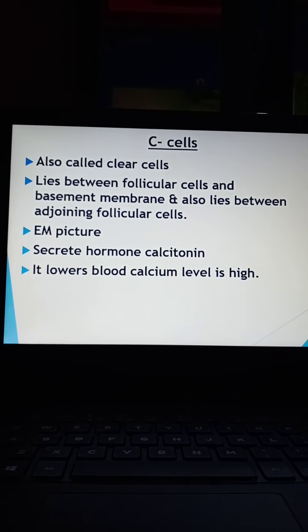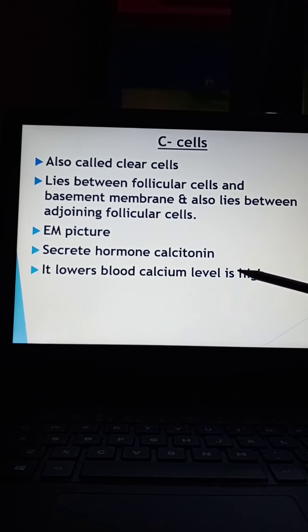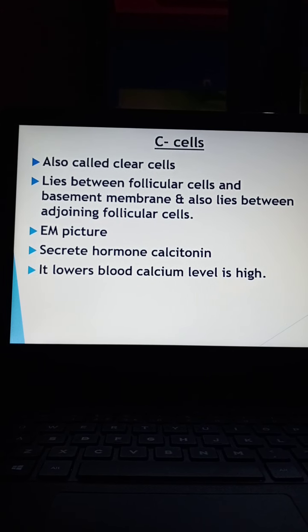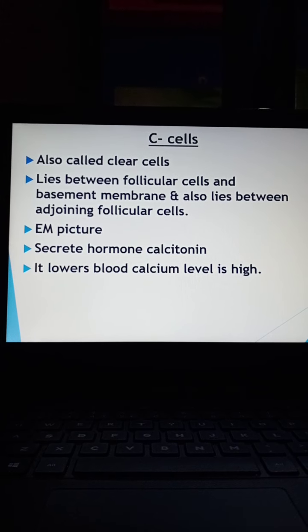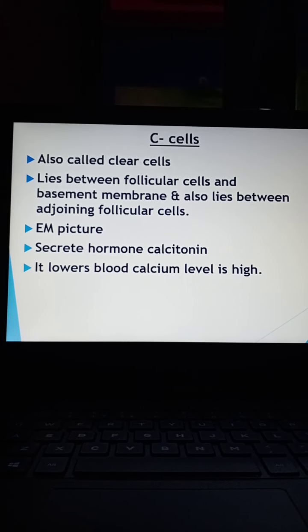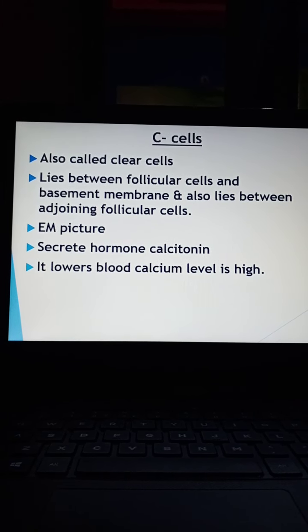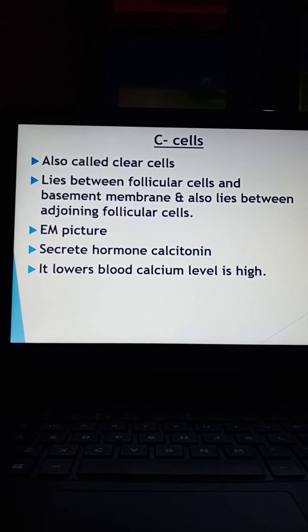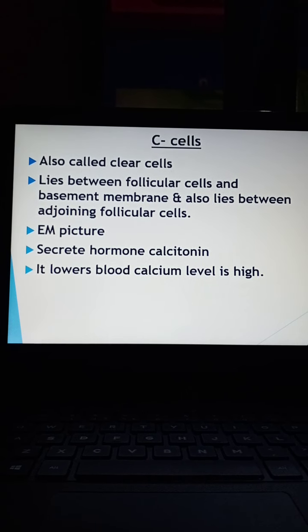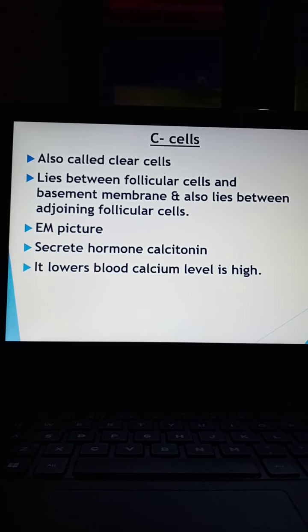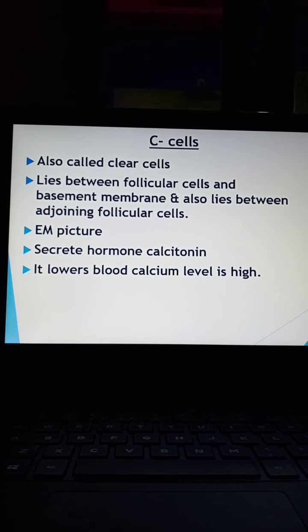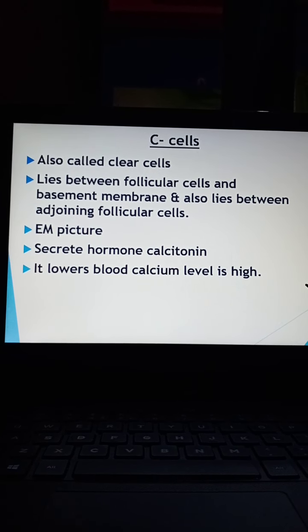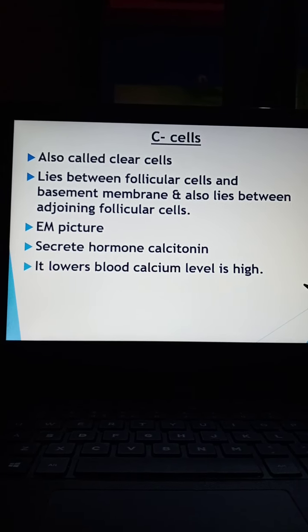Now it mainly lowers the blood calcium level. The C cell lowers the blood calcium level when the serum calcium level is high. Now how does it happen? This C cell suppresses the release of calcium ion from the bone, and you know that this calcium ion is released by the osteoclasts, the cells present in the bone.